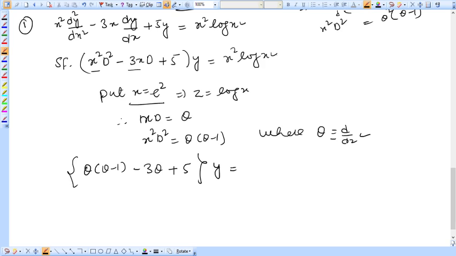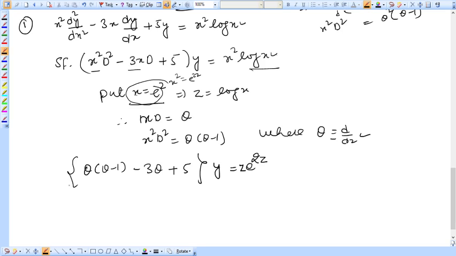y equal to, see now, x is equal to e to the z, so x square would be equal to e to the 2z. So here you are going to write e to the 2z, and log x is equal to z. So this becomes z into e raised to power 2z.